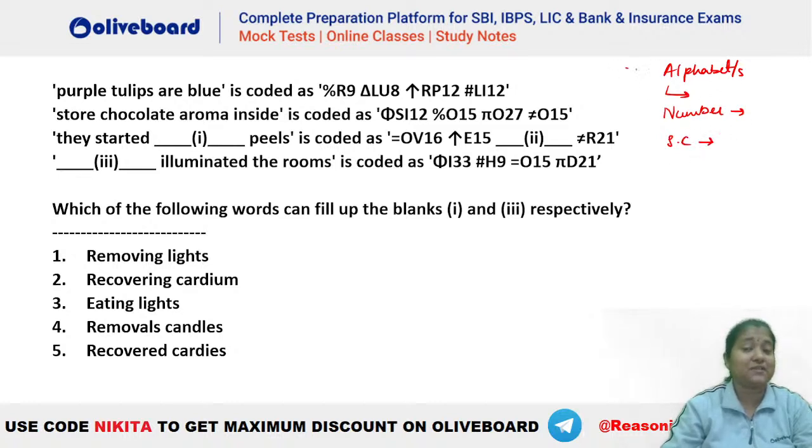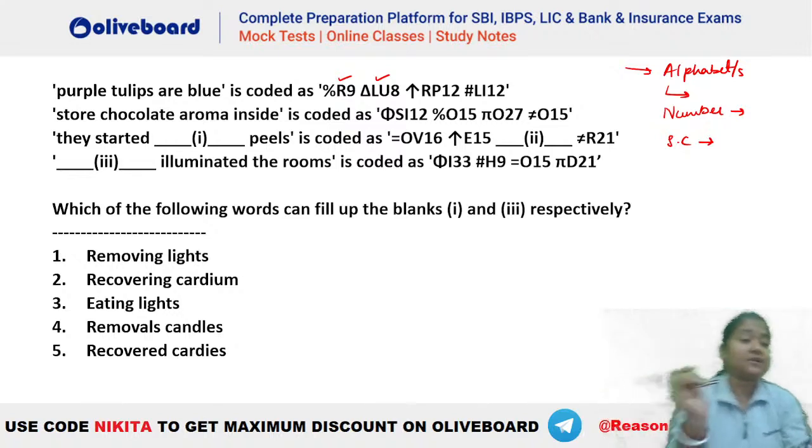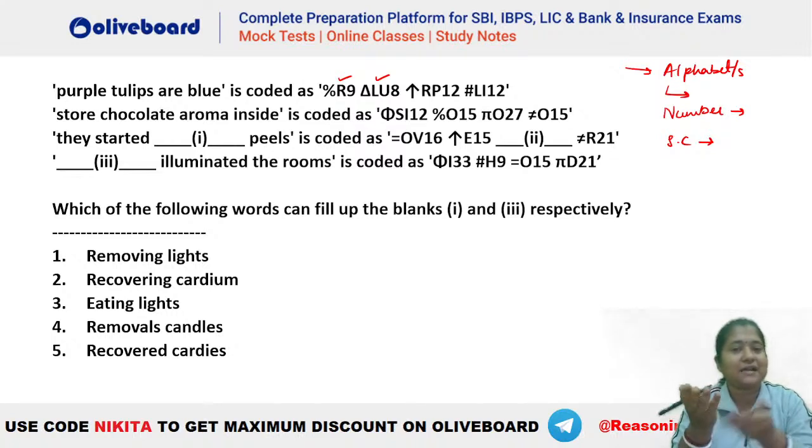The easiest is the alphabet. Why do we have R here, why do we have LU here? Some places we have only one alphabet, some places we have two alphabets. So why is it happening? Now, whenever you come across this type of situation, the first thing that should strike your mind is, why are we having some places R, some places LU?